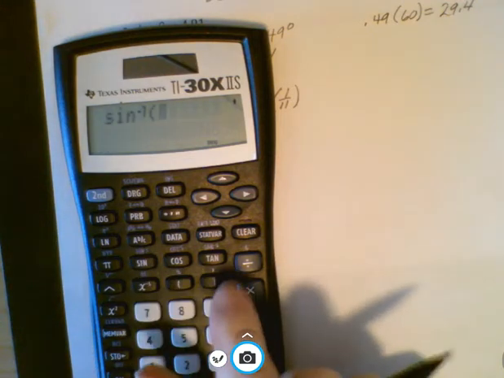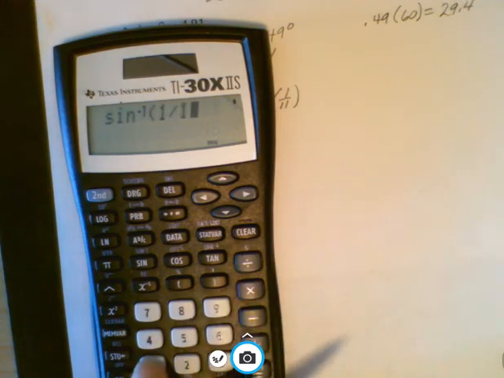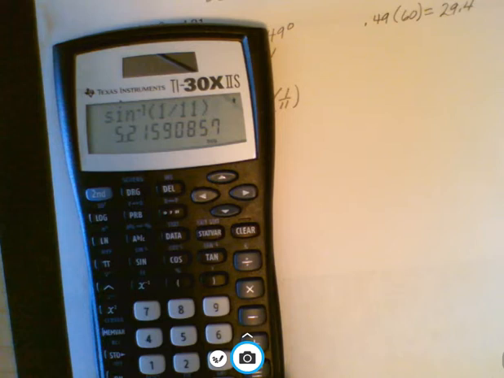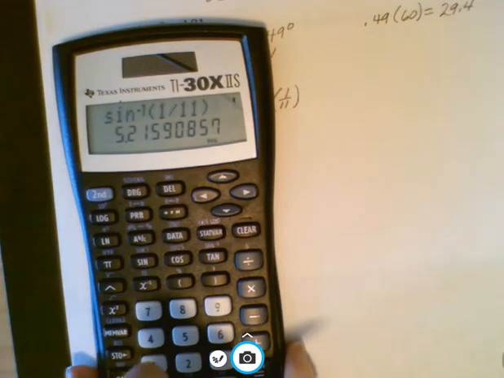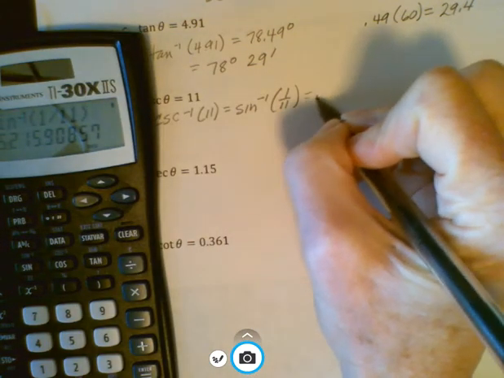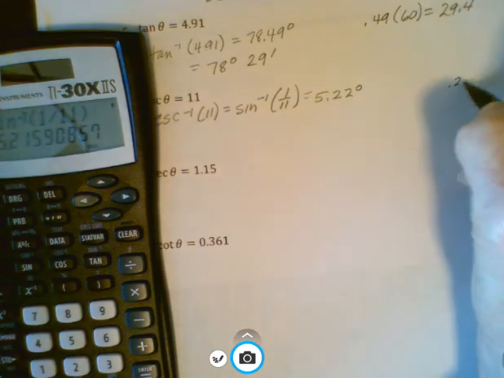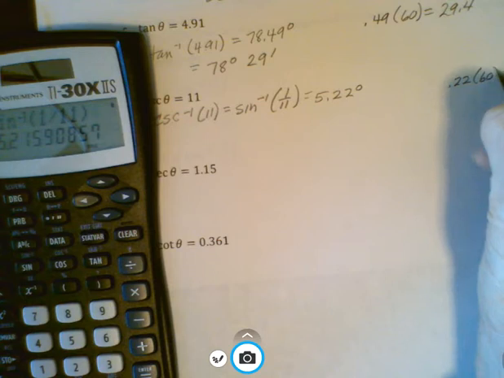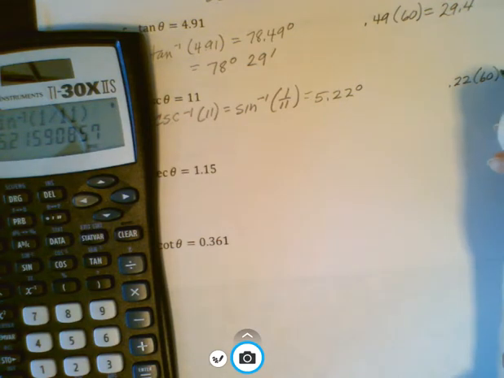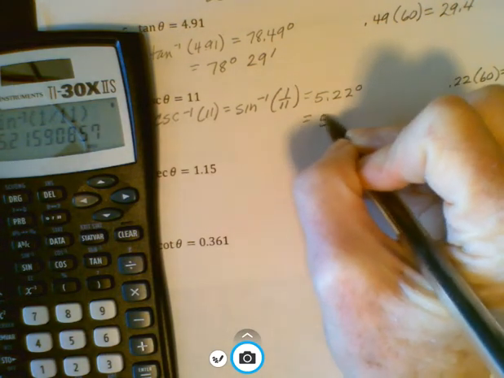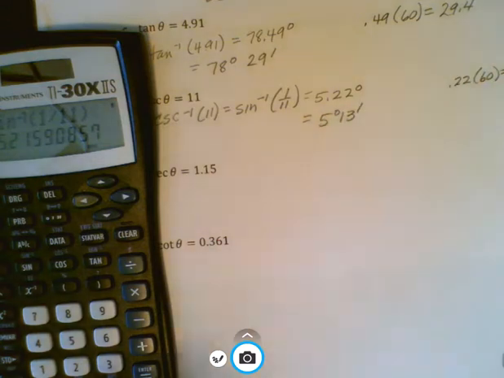Second, sine, 1 divided by 11. What do we get? 5.22 rounded. 5.22 degrees, and 0.22 times 60 will give us how many minutes? 13.2 minutes, so we'll write this as 5 degrees, 13 minutes.